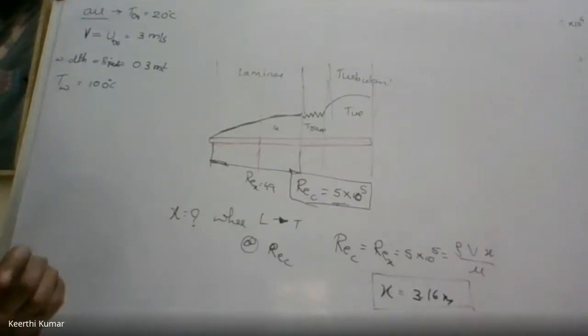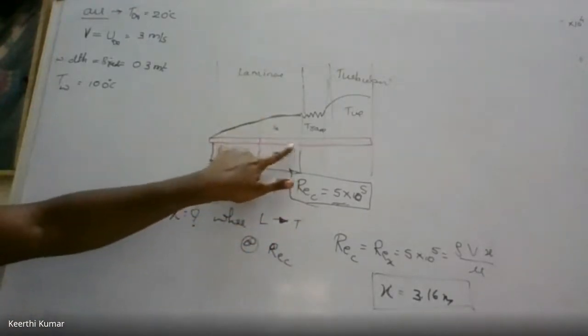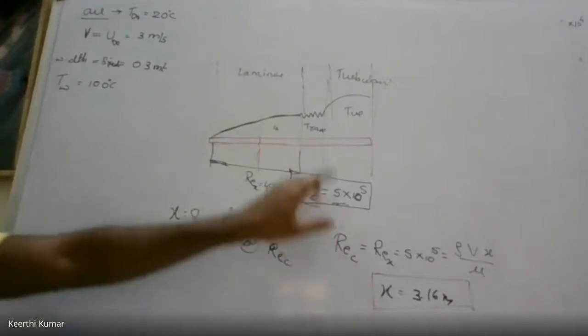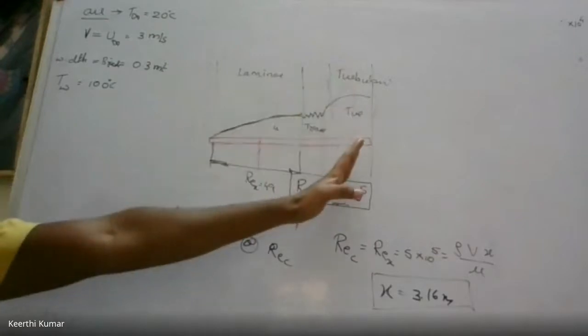Whether I should use delta x the same? No, that delta x I'm supposed to use only if it is laminar flow. If it is turbulent, for this arrangement, laminar flow I can get only till x equal to 0.13 meters. After that, whatever value of x he gives, it will be under the turbulent region.